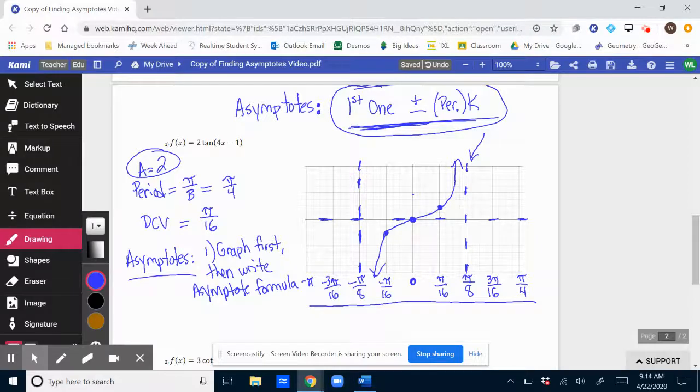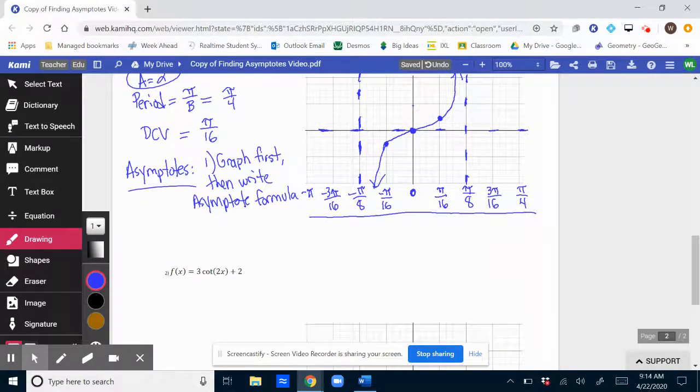Basically asymptotes are 4 DCVs apart because they're a full period apart, and every 4 DCVs equals a period. So when you start on tangent, your starting point is right in the middle of 2 asymptotes. So you go 2 to the right, 2 to the left, and there are asymptotes there.